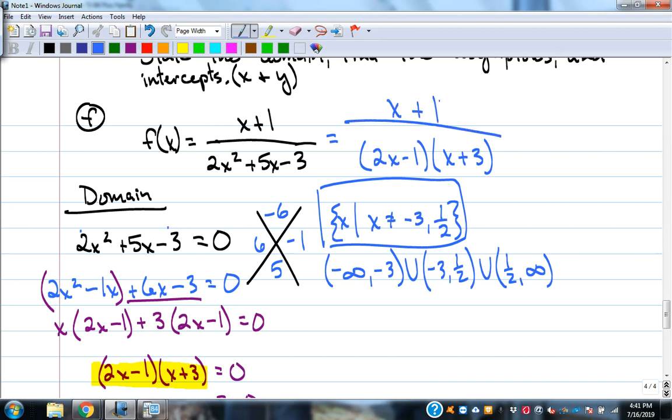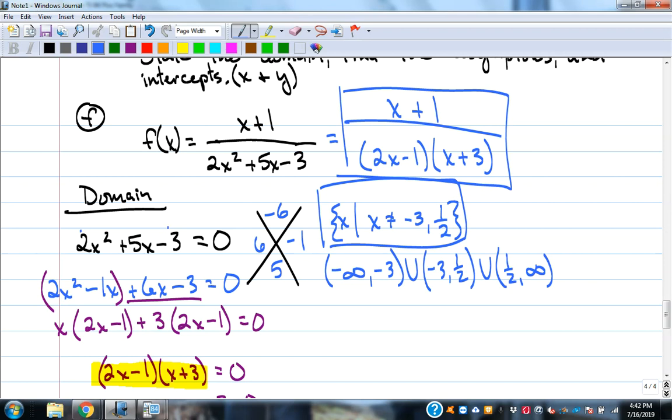Does this one cancel anything out? Are there any matching factors on this part up here? X plus 1 doesn't match 2x minus 1. X plus 1 doesn't match x plus 3. So nothing cancels. And that's okay. We look to see if something will, but it doesn't always happen. It's nice when it does, but it doesn't really change anything as far as the problem goes, okay?